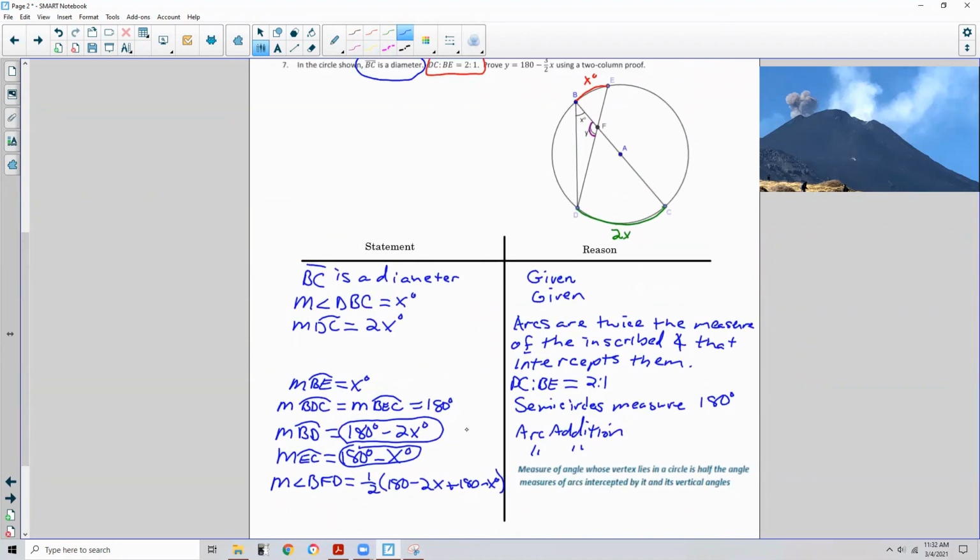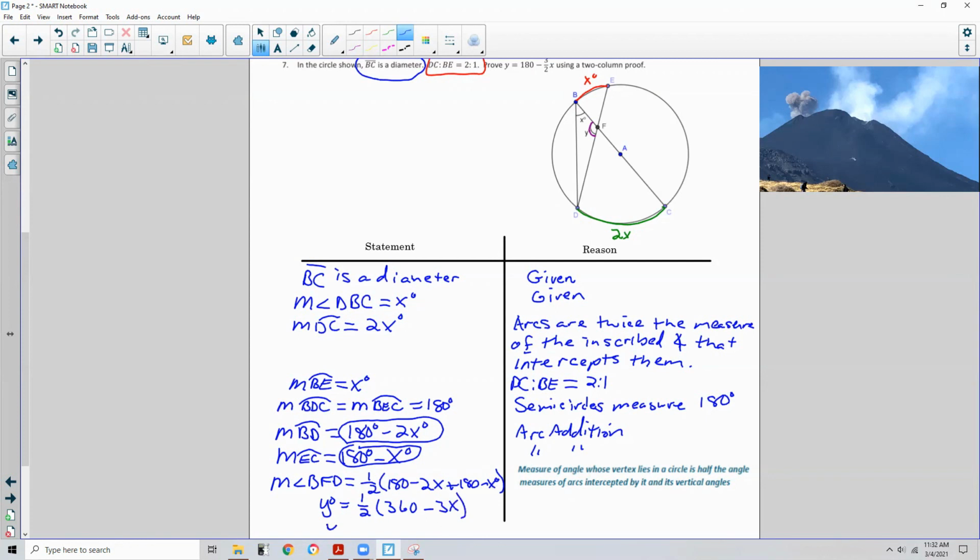And now what can we say? Well, now I can say Y degrees equals. So then I'm going to combine all this. So let's simplify it. 1/2, 180 plus 180 is 360. Negative 2x minus x is minus 3x.